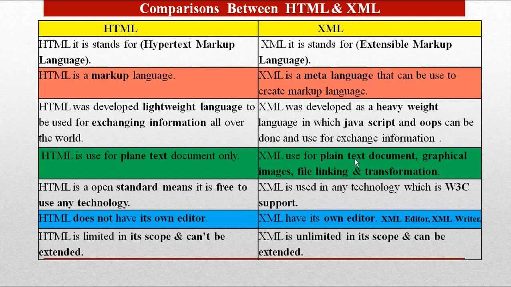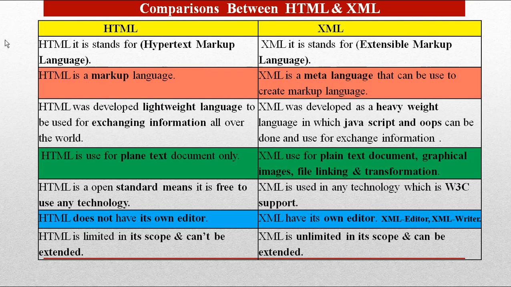Now we are going to compare HTML and XML. Many times we are confused about HTML and XML. So what is the extension in XML, and what are the advantages of XML over HTML? We can study this using this table. HTML stands for hypertext markup language, while XML is the extensible markup language.